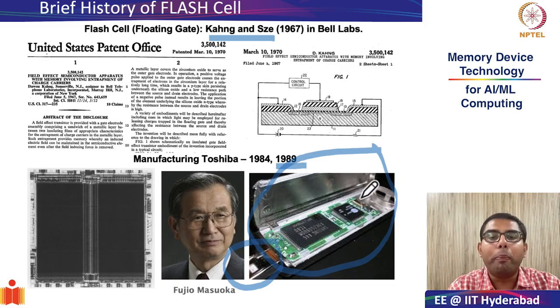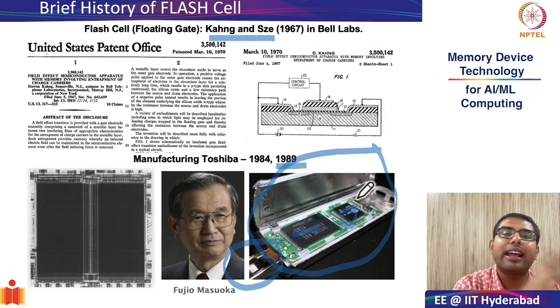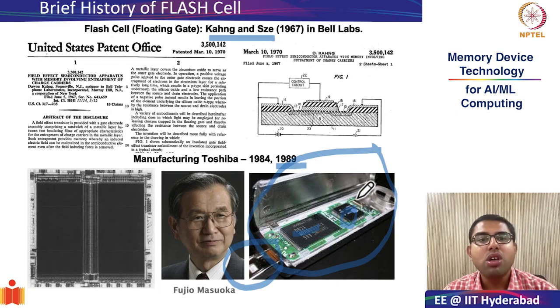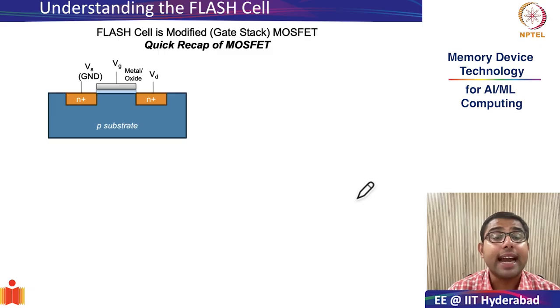And inside, if you open the metal casing, you would see a NAND flash chip and other driver circuitry all integrated on a printed circuit board. So with this very brief history of the flash cell, let us now transition to understanding things a little bit more technically. In the next section, we will try to understand what the flash cell is and how it works.